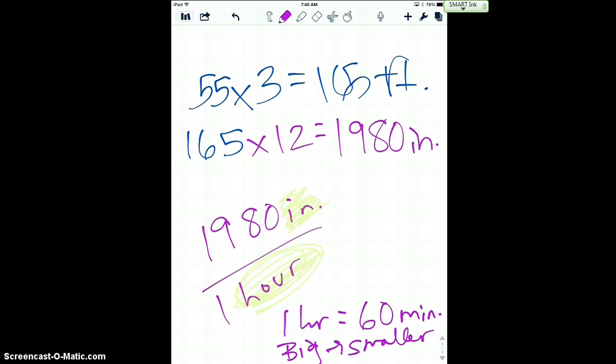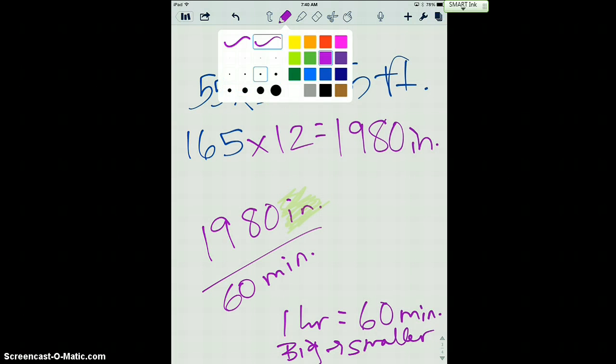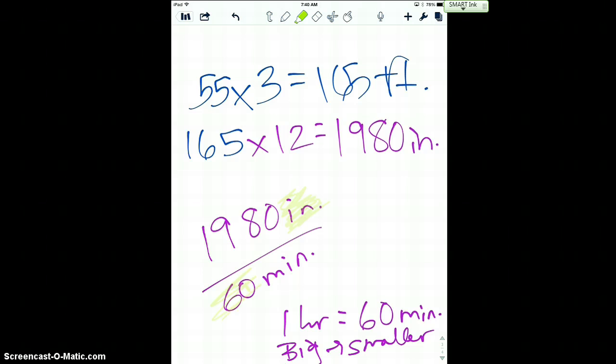So we're going to need to multiply by 60. So I'm going to write that this is 1,980 inches in 60 minutes. But we want to know in one minute.